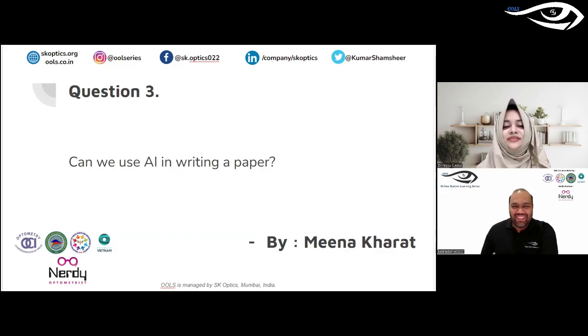Yeah, in recent times we have seen a lot of AI-incorporated writing tools, not just in writing, but also in reviewing literature and making summaries of the literature. Like you just feed in the article and you get a good, concise summary of the paper.